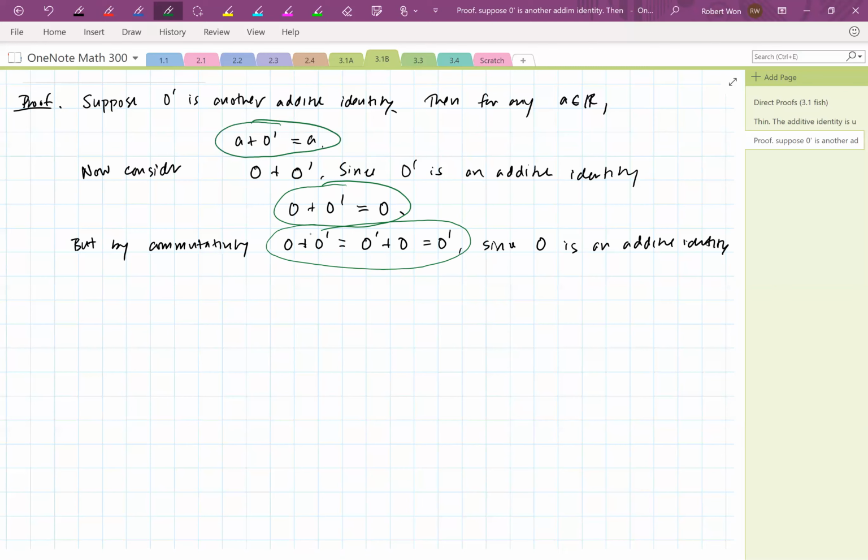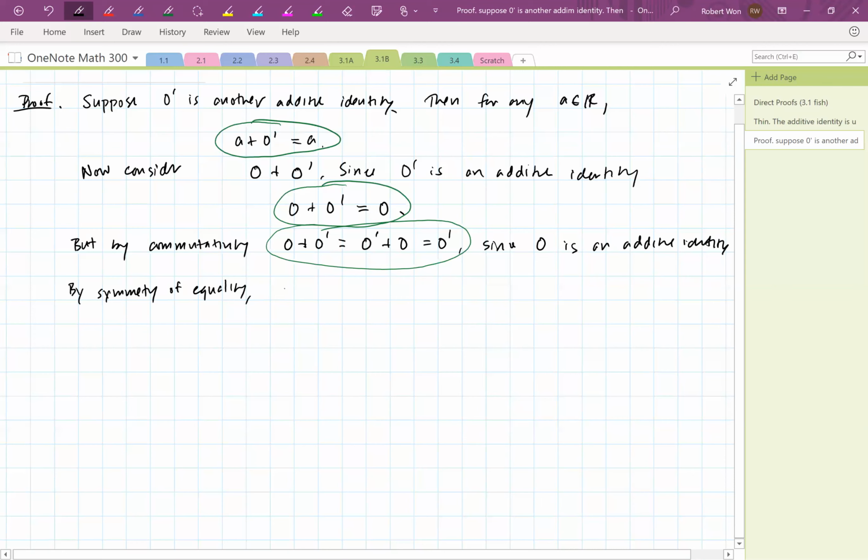Okay, but since we're doing this carefully here, let's do it totally carefully. So by symmetry of equality, let's say 0 equals 0 plus 0 prime.